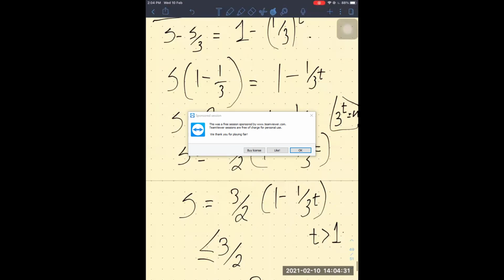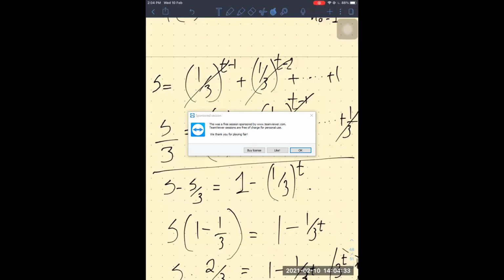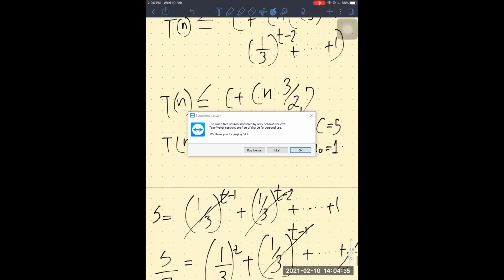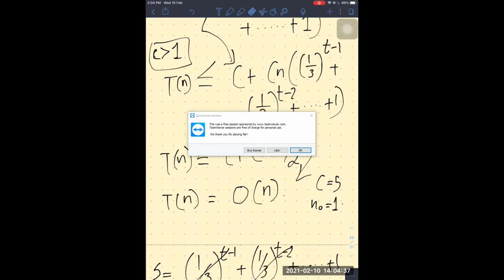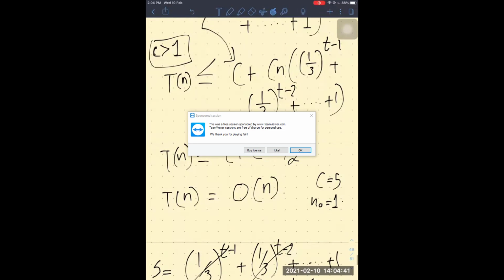Okay, and then we can put this value right there in our previous equation, for which we used to find the sum of T of n. So this thing is less than 3 over 2. So 3 over 2 times c of n plus c will be greater than T of n.